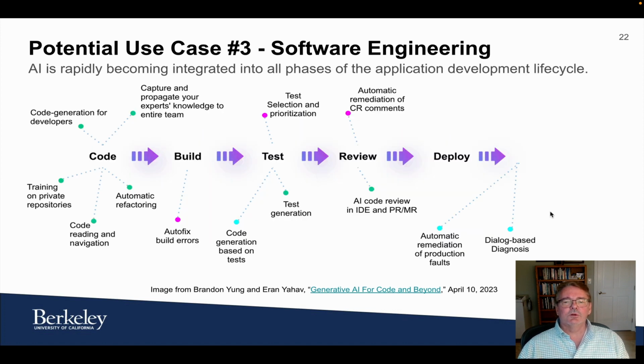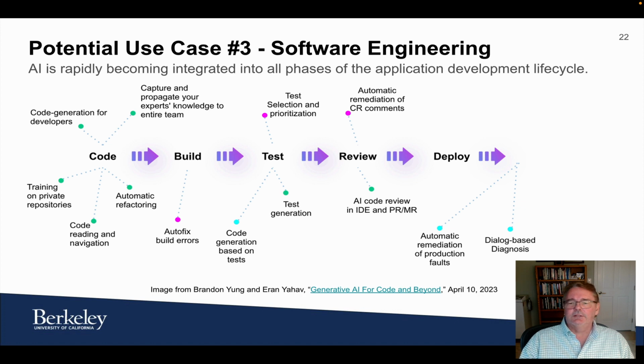Looking at this in more detail, this graphic shows more specificity of all the areas within the software development lifecycle that AI can enable. And I'm broadly referring to AI versus just generative AI, though generative AI supports a lot of them. All the green dots are already being worked on by companies developing products and are likely to mature over the next 12 to 24 months, or at least be widely available.